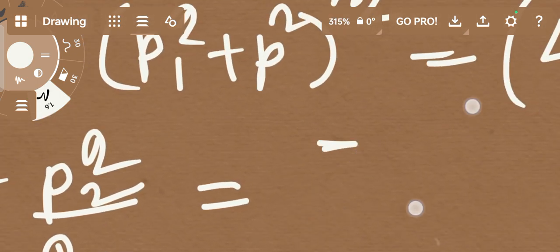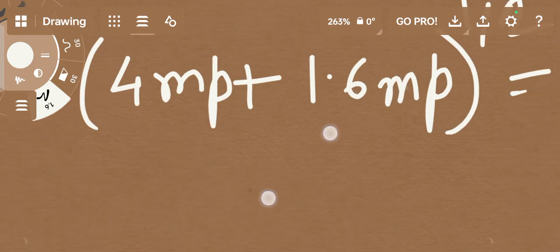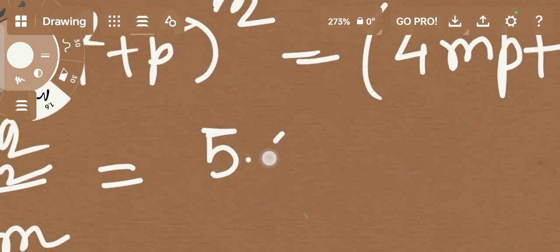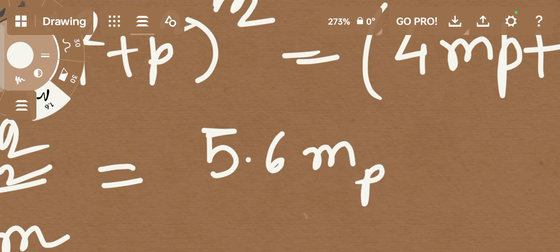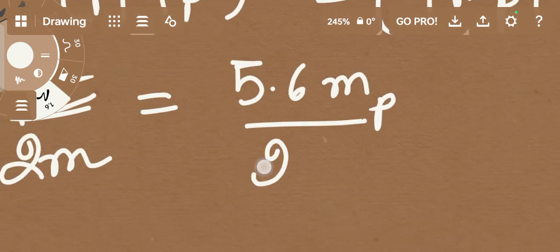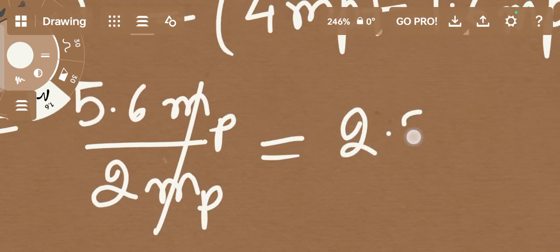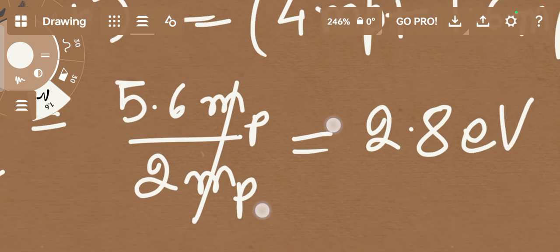So p2 square is 5.6 times the mass of proton, divided by 2 into the mass of proton. These two cancel. This is 2.8 electron volts.